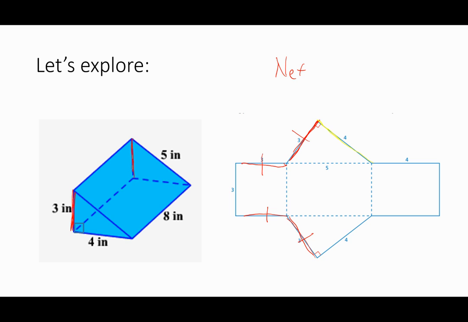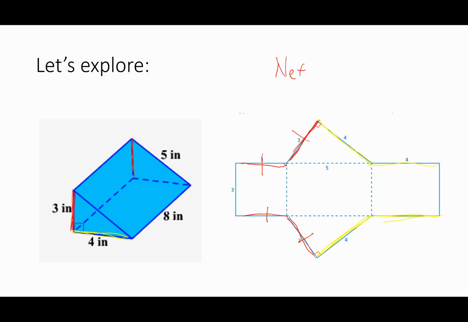We have the side length 4, which in our picture is right here. In our side length 4, this is 4, and this is 4, and this is 4. They all have to match up, and this is 4.